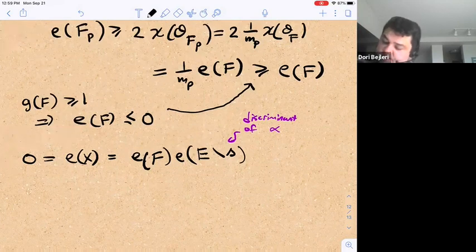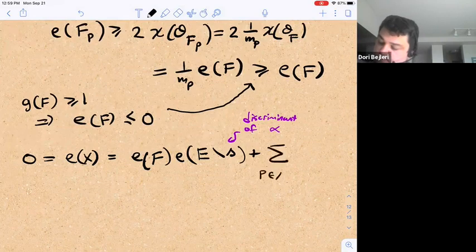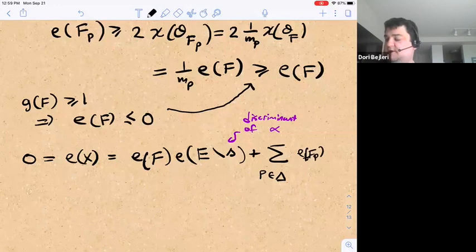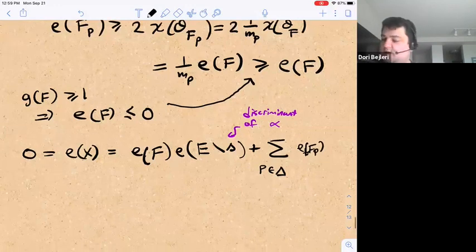Plus, we need to add back in the Euler characteristic of these non-reduced fibers. And because it's a topological Euler characteristic, it doesn't care about the non-reduced structure. It's just E of the underlying reduced FP.